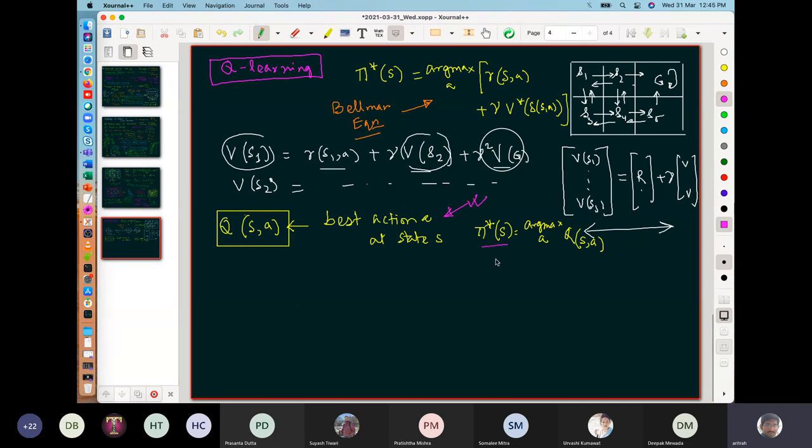Your optimal policy would be that at each state, among all the actions that you can take, you pick the one with the highest Q value. Which Q value is the most? I will go there.